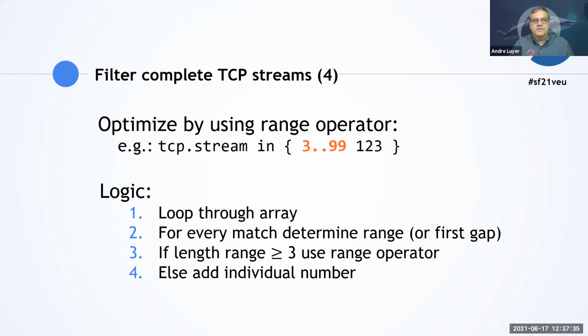I'll go a bit faster. The trick is you go through the array, and for every match you find, you determine if there is a range, or look for the first gap. And if the length of the range is larger than or equal to 3, then you can use the range operator.